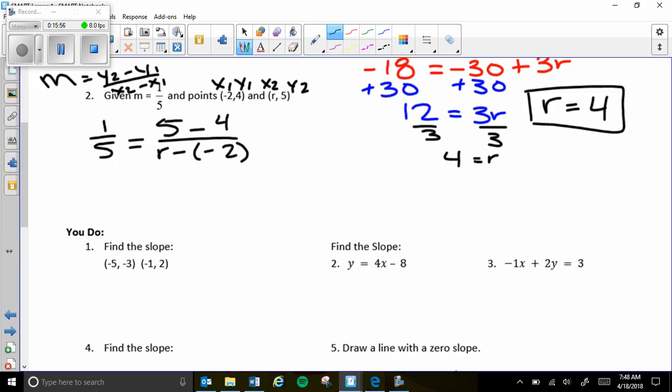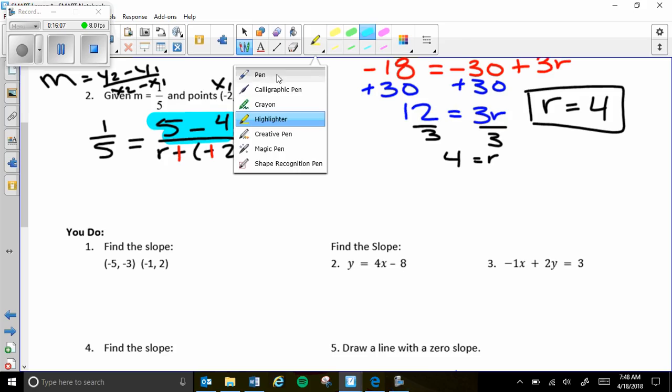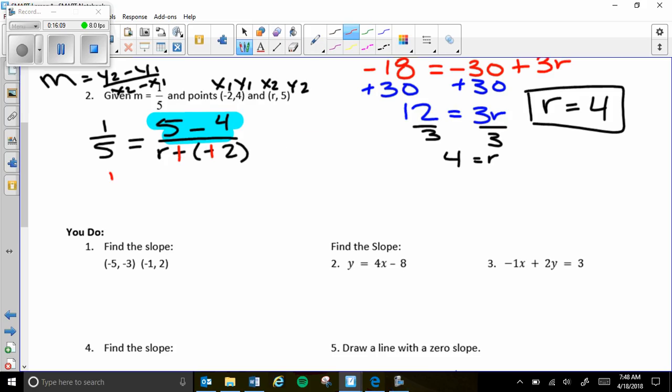So we have two things we can simplify here. Minus a negative becomes a positive. And then again, we can simplify this numerator. So I'm going to rewrite this. 1/5 equals 5 minus 4 is 1 over r plus 2.